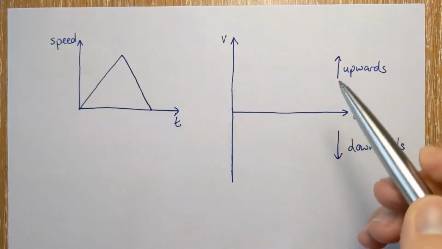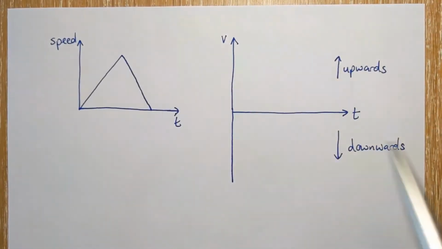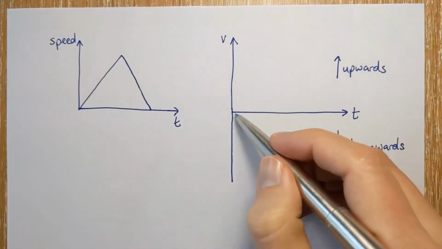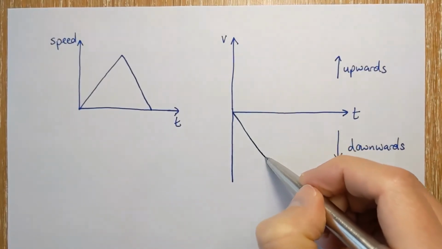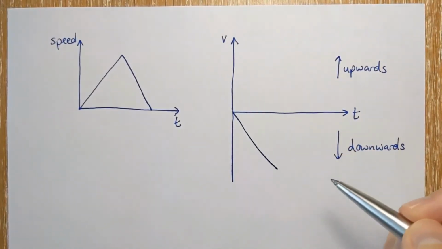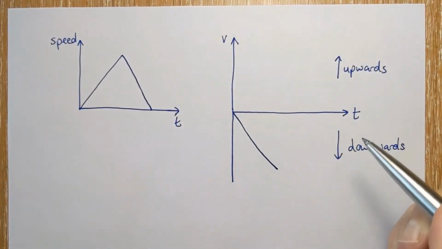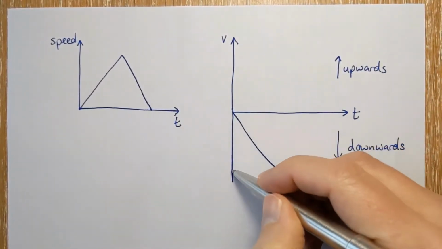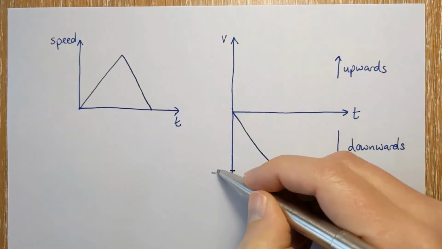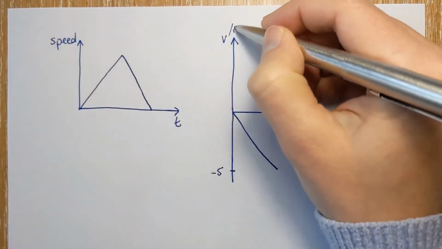But for the velocity, when I drop it, it moves downwards first of all, getting faster and faster and faster. Then when it hits the ground, it bounces back with the same speed, but it's moving upwards. Let's just say that was 5 meters per second downwards.